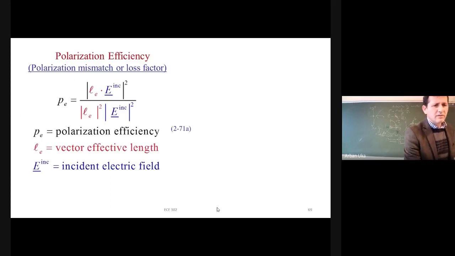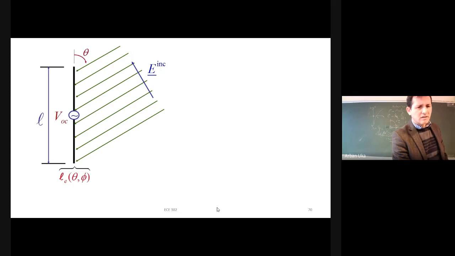A good vector effective length. The polarization efficiency, we talked about it a bit in the first session that we covered today. We defined it as given in this slide, but we did not know what the vector effective length was in the correct terminology. We just said that it was a length scale. Now, here we can see an incoming wave coming to a linear antenna.